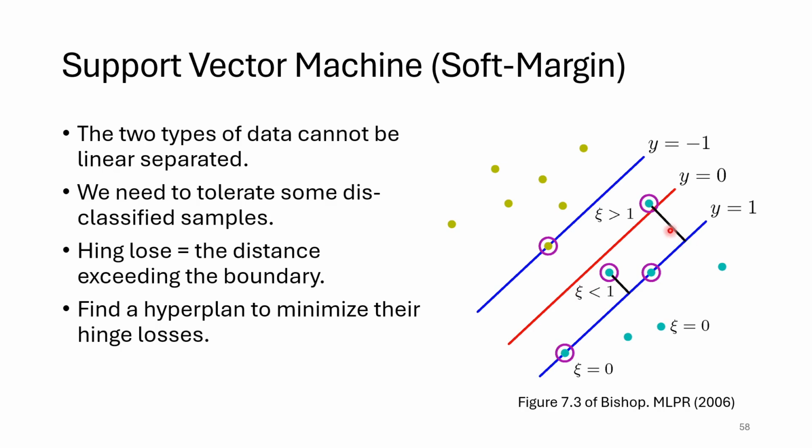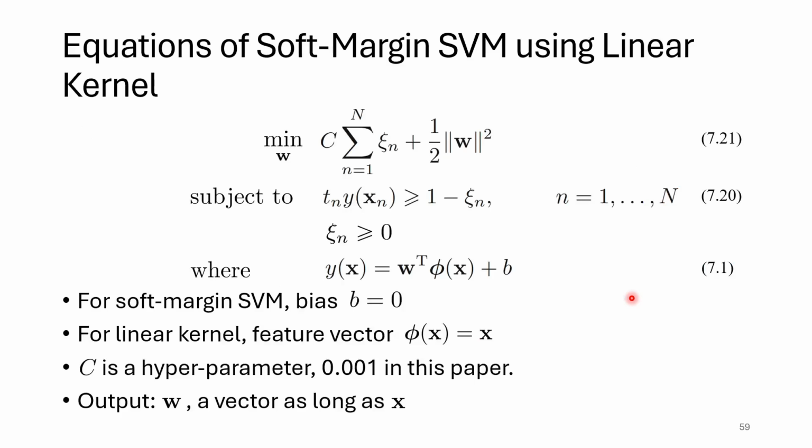If some training examples exceed the boundary, then there is a hinge loss. This is a hinge loss less than 1, and this is the hinge loss. The length here is the hinge loss. So this is the equation for the soft margin support vector machine.